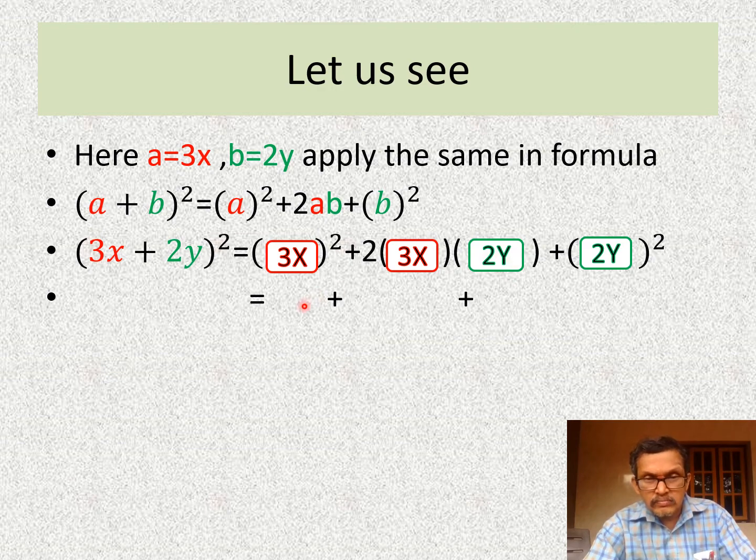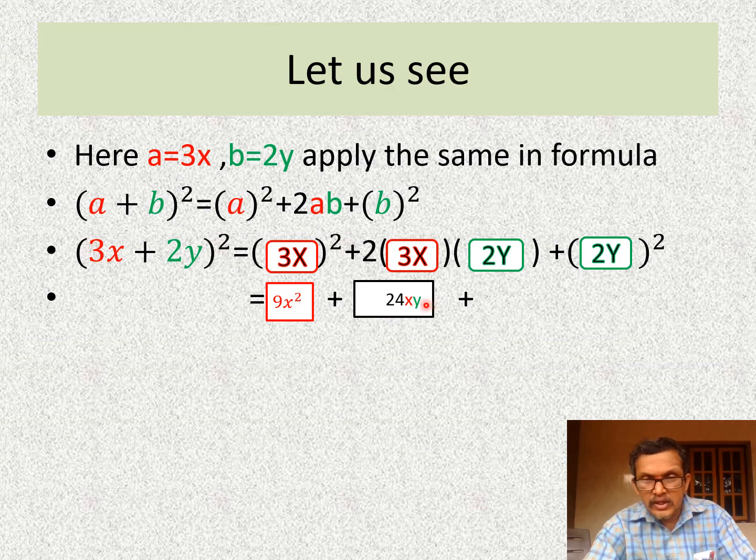Okay. So here 3x whole squared means 3x into 3x, then it becomes 9x squared. Here multiply 3x into 2, 6x, into y, 12xy. This is not 24, it is 12xy.